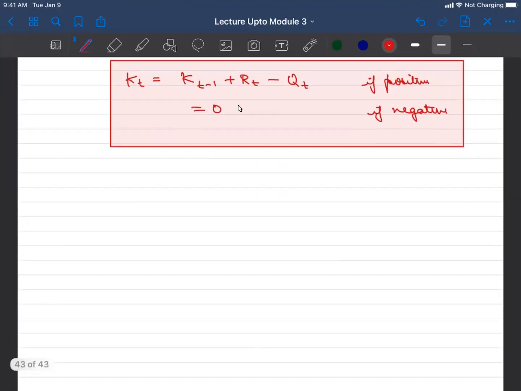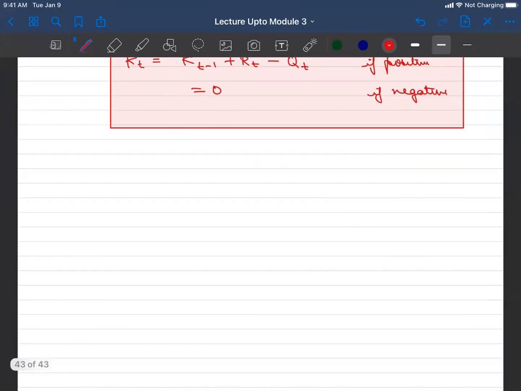Okay. Now what we will do here, we will try to include more interesting relationships and account for more variable flow in our formulations. So what we mean by that, can we say that we want to take that solution which is the maximum of 0 or the maximum of K_t?